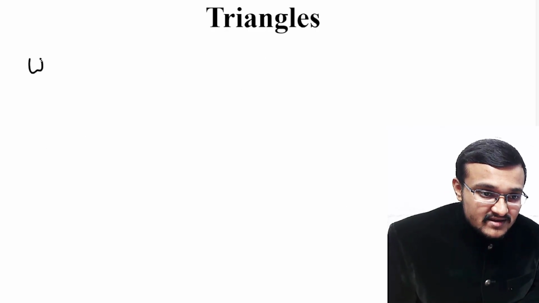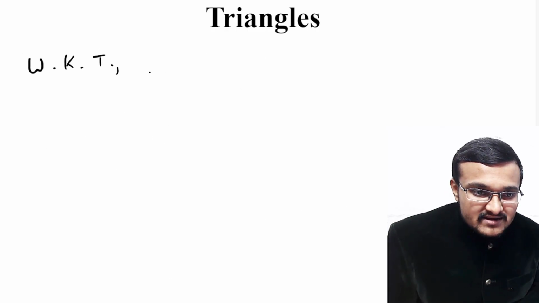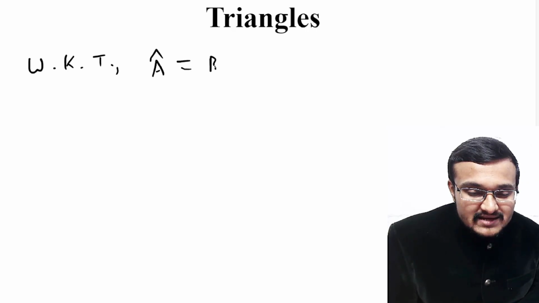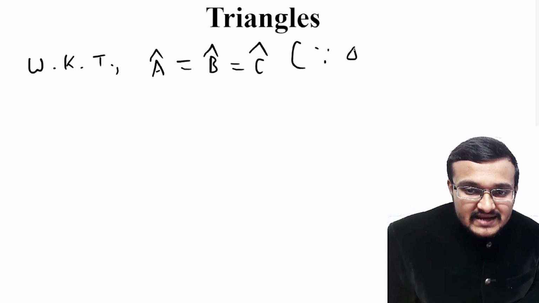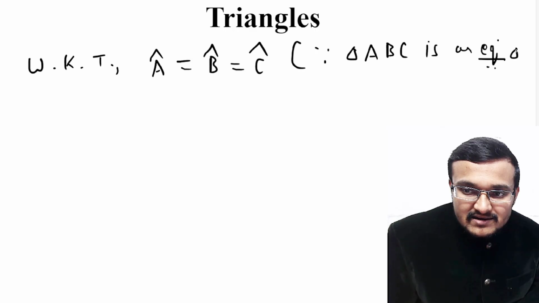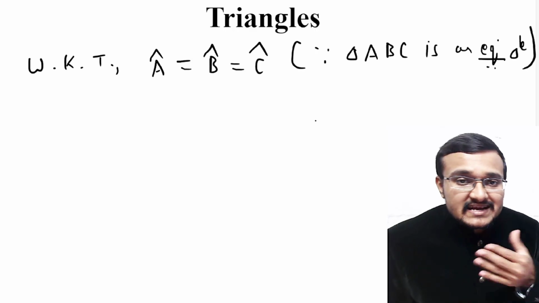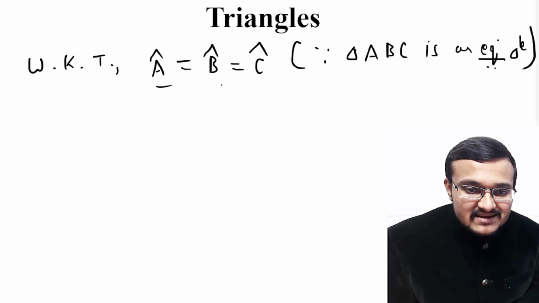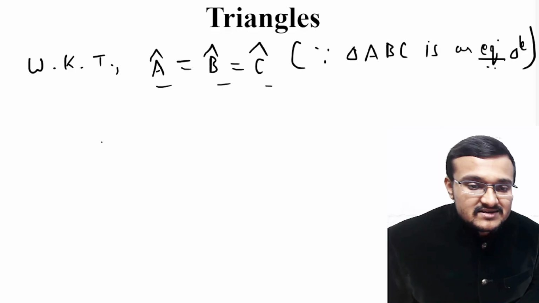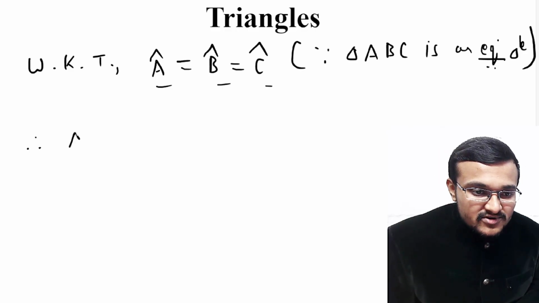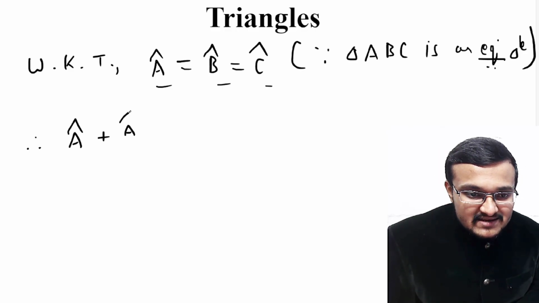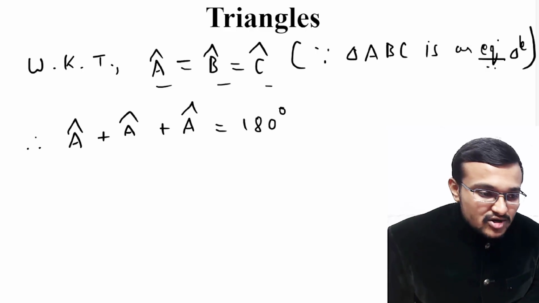And we know that angle A is equal to angle B is equal to angle C, since triangle ABC is an equilateral triangle. Therefore angle A plus angle A plus angle A will be equal to 180 degree.